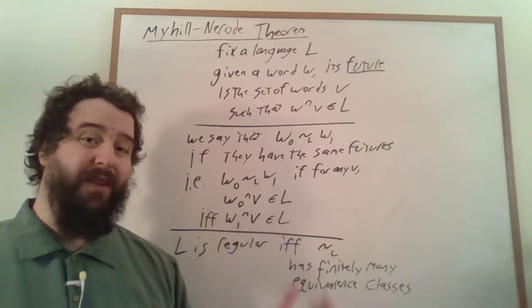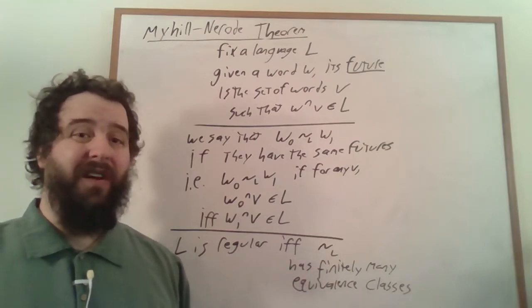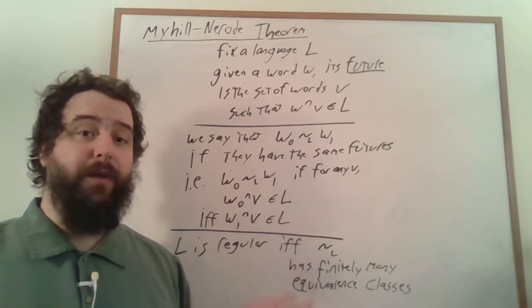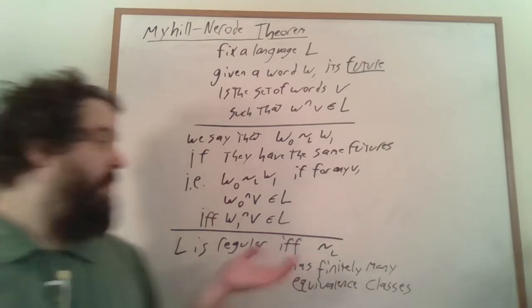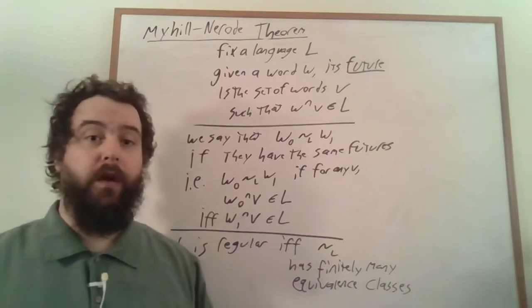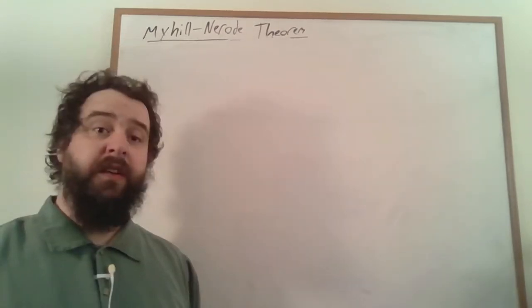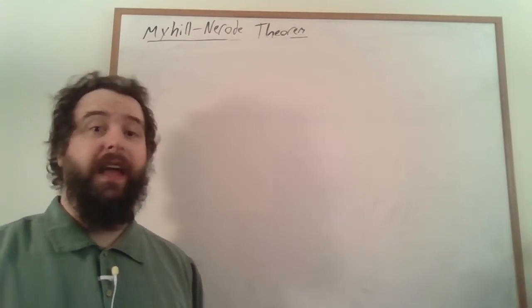This means that there is no finite state automaton recognizing this particular language, and in that case, our language is not regular. So that's how the proof of the Myhill-Nerode theorem works. Let's take a look at this process for a few concrete languages.